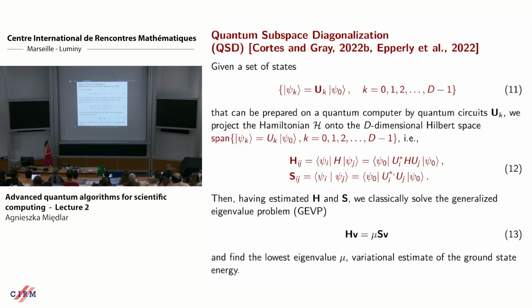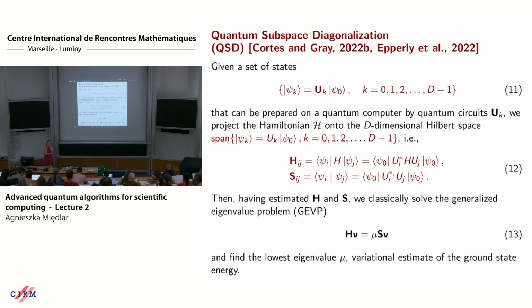If we had orthogonal bases, we would have a classical standard linear eigenvalue problem, Hv equal to mu v. This is a d by d problem. But since we don't have orthogonal bases, we have a generalized eigenvalue problem, where S is the Gram matrix measuring the inner products between the basis vectors. So this is small, d by d. Any questions?